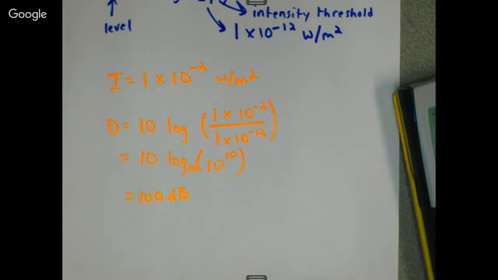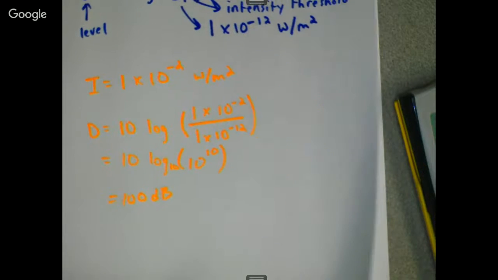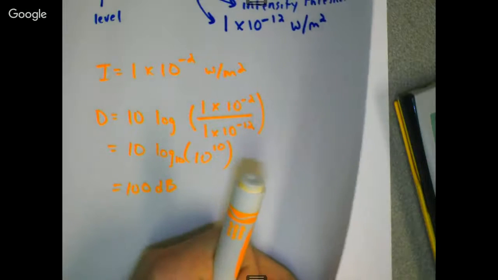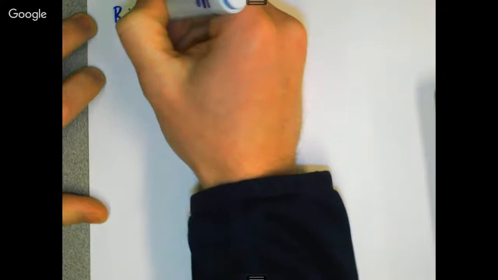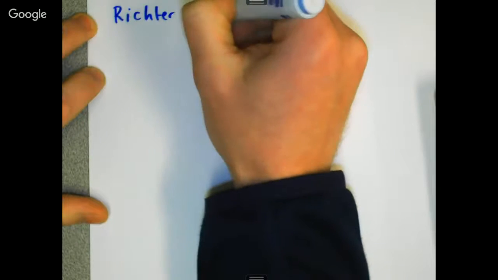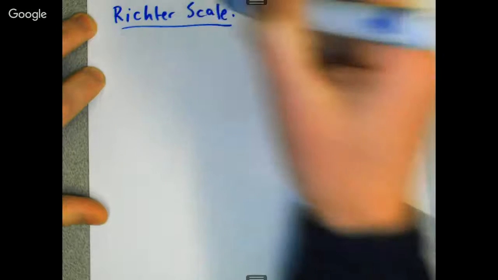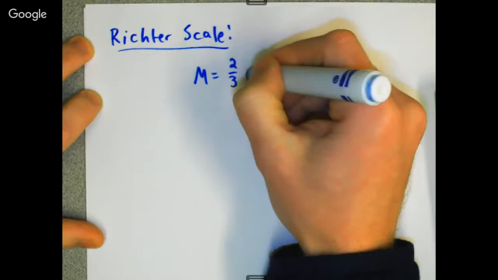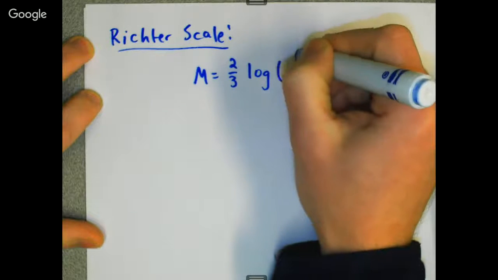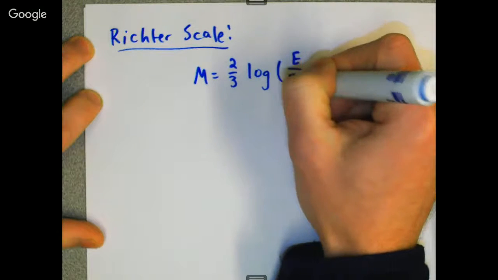The other application for this problem is the Richter scale. We can do some frequency stuff too, but let's focus here on the Richter scale for just a second. So Richter scale. We have M equals 2/3 log E over E naught.